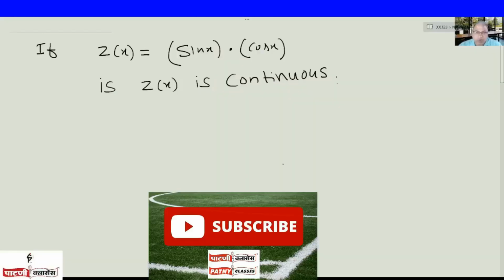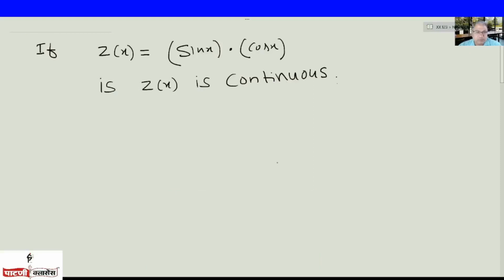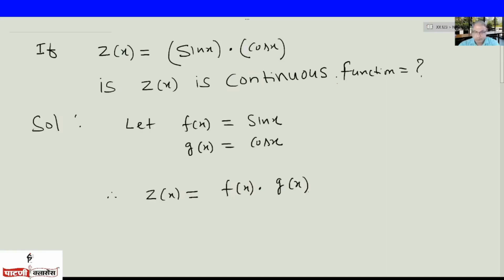If z of x equals sin x multiplied by cos x, is z of x a continuous function? Let f of x equal sin x and g of x equal cos x. Therefore, z of x equals f of x multiplied by g of x.